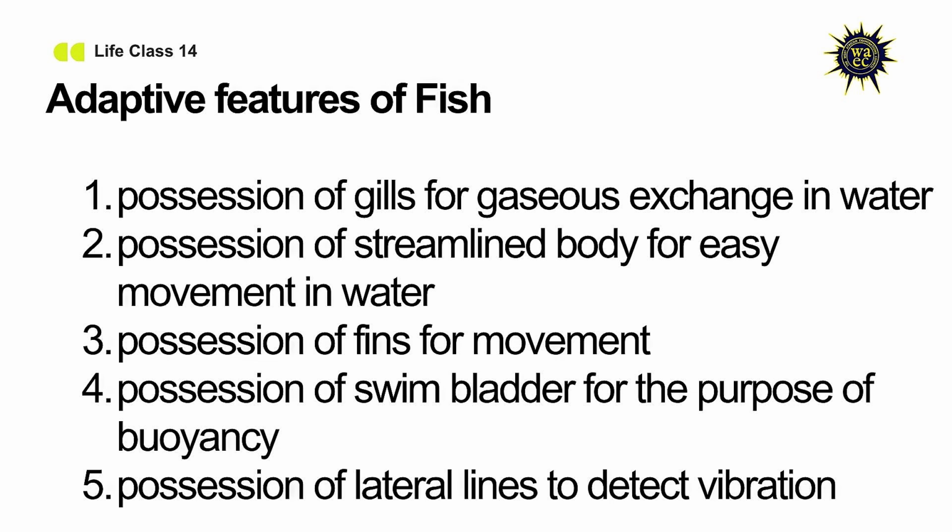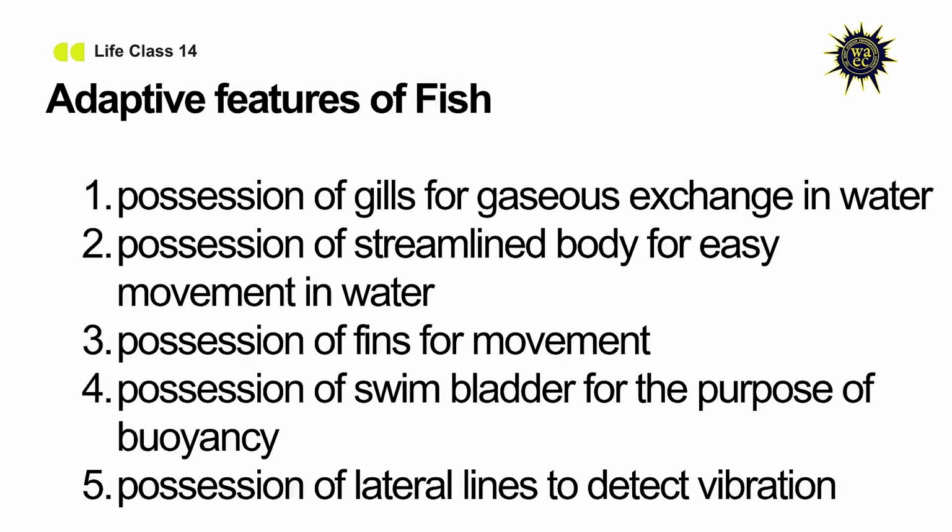So the first adaptive feature of this specimen is that it possesses gills for gaseous exchange in water. Number two, it possesses a streamlined body that aids them to move freely or easily in water. Number three, it possesses fins for movement in water.